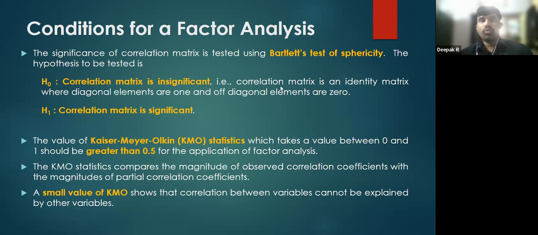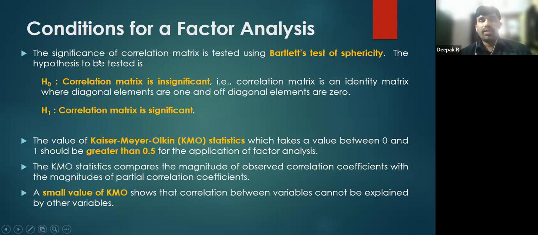When you go for factor analysis, there are some important conditions which need to be looked at, and only once you have looked at these conditions can you go further. So the first condition is the significance of the correlation matrix, which is tested using the Bartlett test of sphericity.